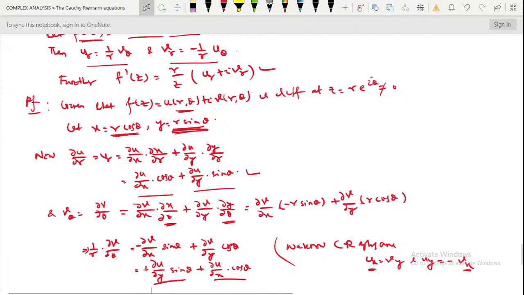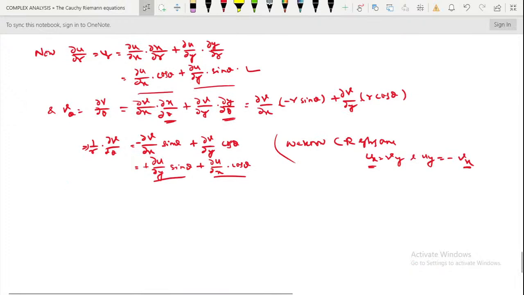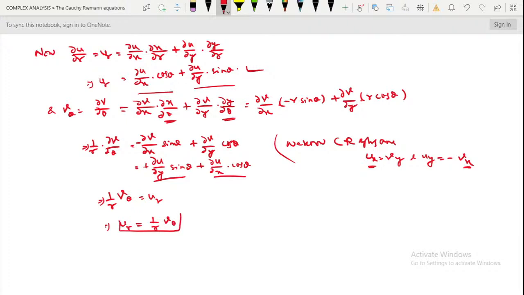So this is your del u by del r. This is your ur, and here this is 1 by r. So we got our first relation. This is ur, 1 by r, this is v theta. So ur equal to 1 by r v theta.